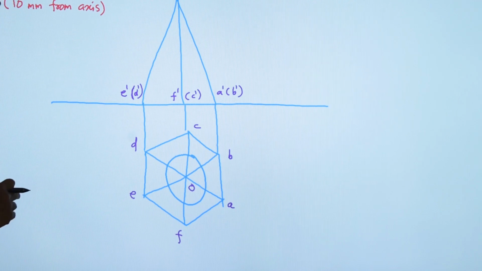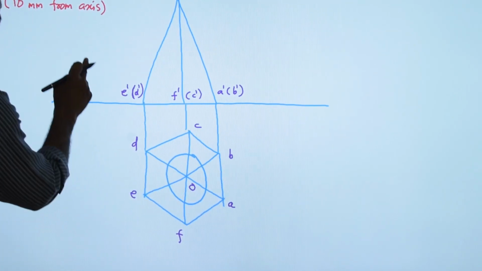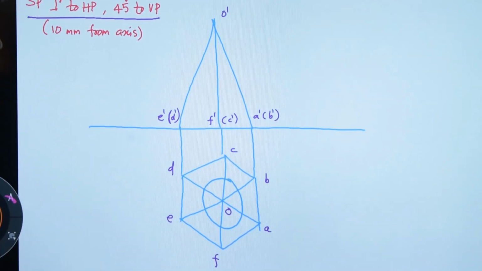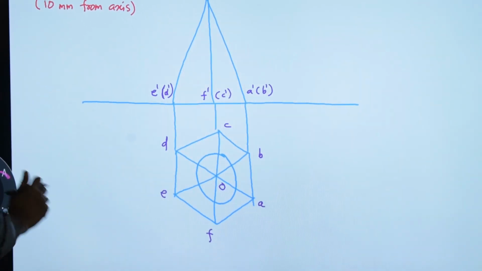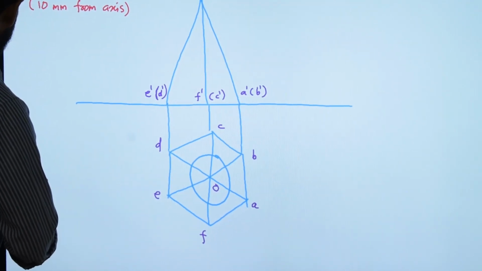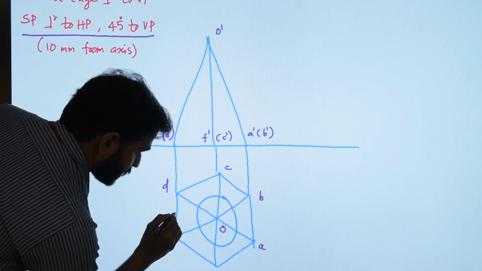And it is given that the section plane is perpendicular to HP and 45 degree inclined to VP. Now you have to draw a line tangential to this circle at an angle of 45 degree to XY line. So we need to draw the section plane which is tangential to the circle.